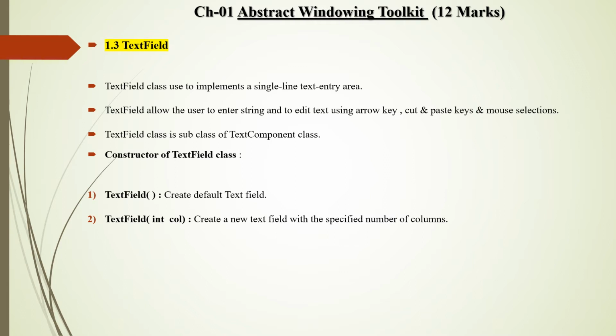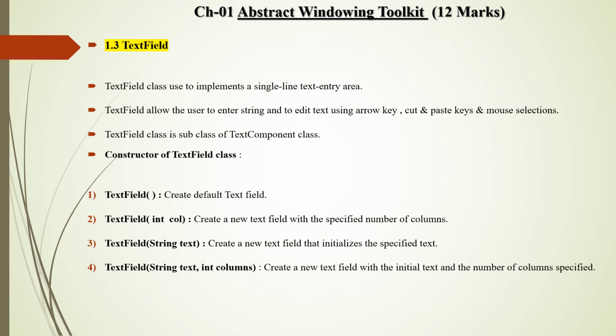So the number of columns we pass in this constructor. Next, TextField has one parameter of string type, String text, which creates a new text field initialized with the specified text. So the text which is passed in the constructor is already displayed in the text field.